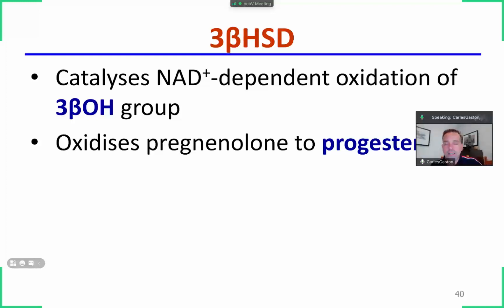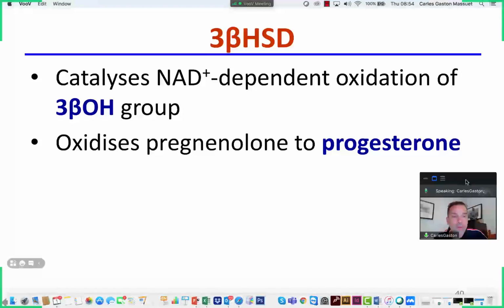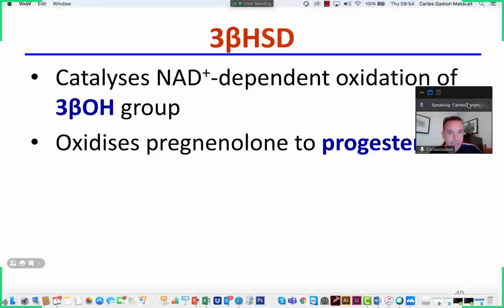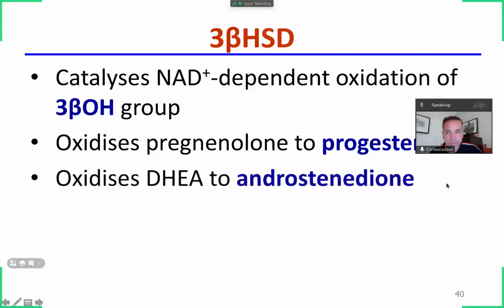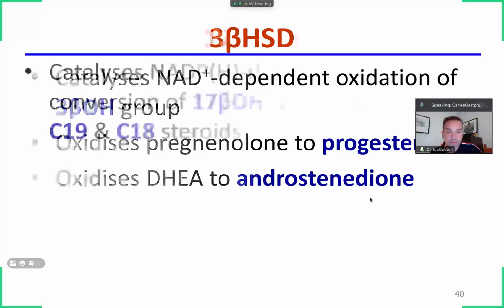But obviously, because we will study in detail the function of the hormones, it's good to know a little bit of how these hormones are built. It oxidizes the pregnenolone to form progesterone, and oxidizes DHEA to androstenedione.